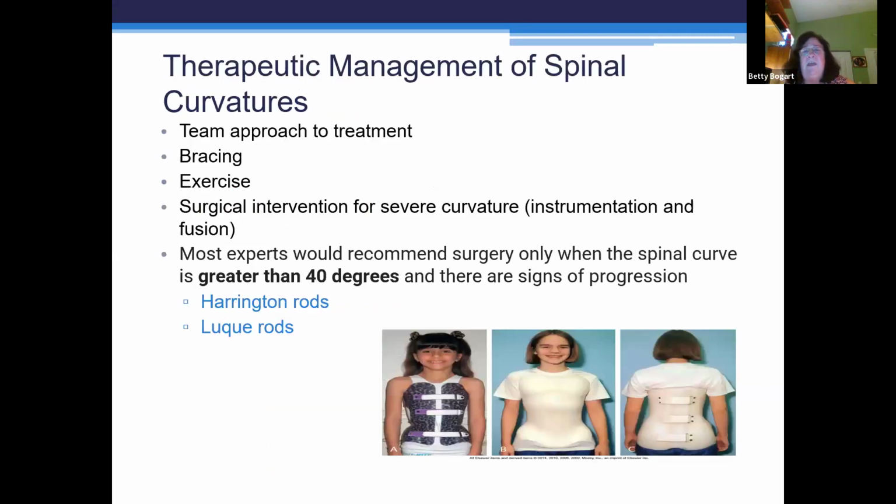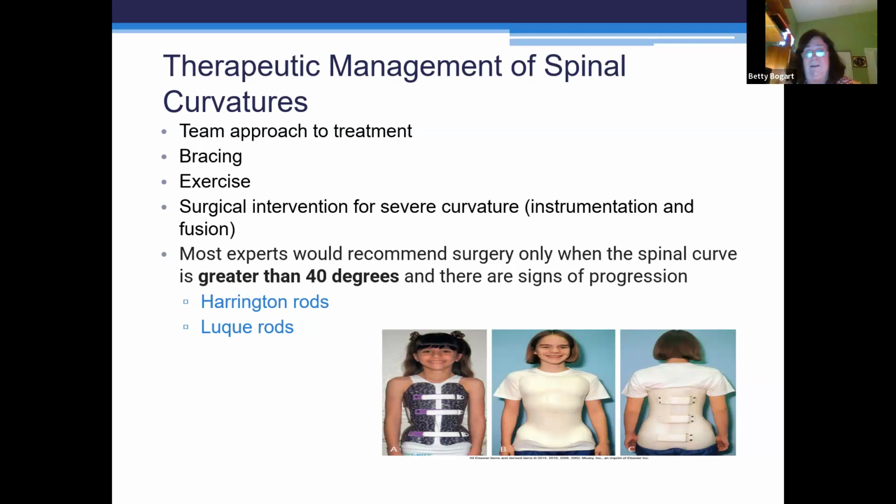Well, if it is a curve less than 40%, we're going to do a twofold thing for these children. We're going to put a brace on them. Sometimes the braces are just clear white plastic type, sometimes you can get colors on them. It all depends on where you're getting them from.